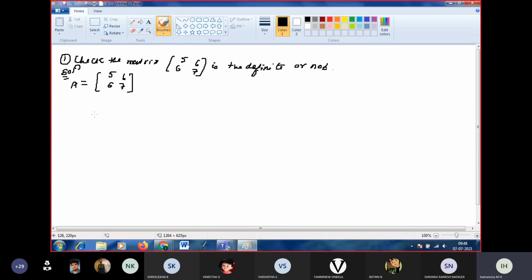Is it a symmetric matrix? How to say it is a symmetric matrix? The principal diagonal should work like a mirror.